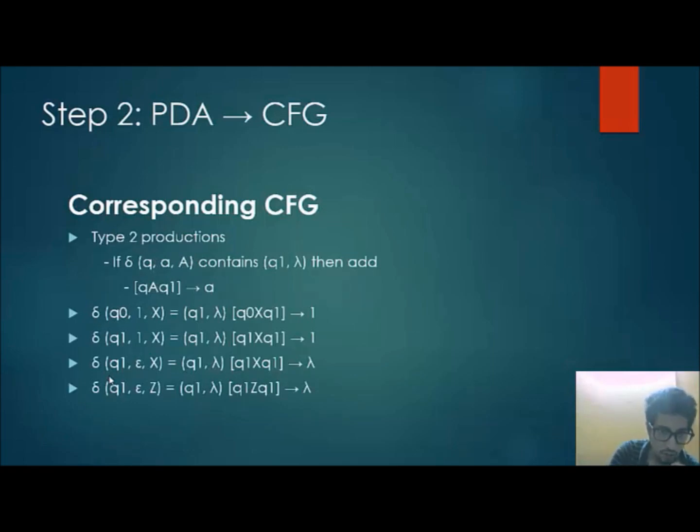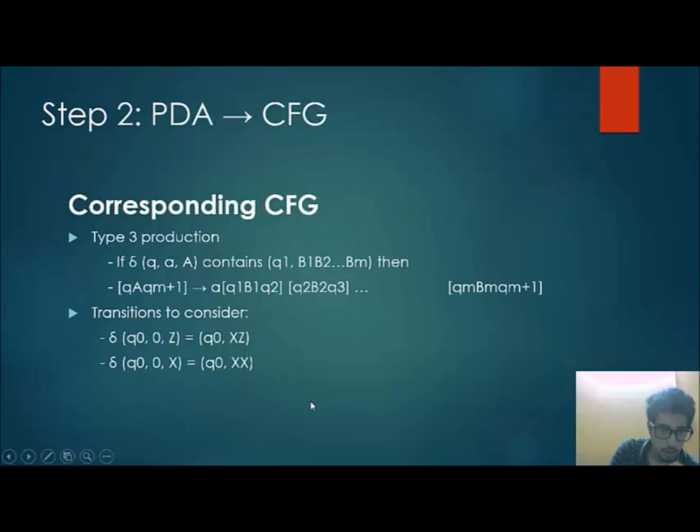If transition of Q, A, capital A contains Q1, lambda, then add [Q, A, Q1] tends to A. The other productions are shown in the figure on the screen. We check for the third type of productions.